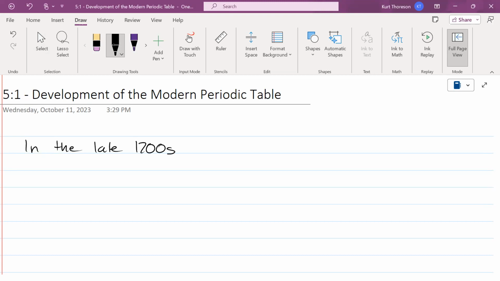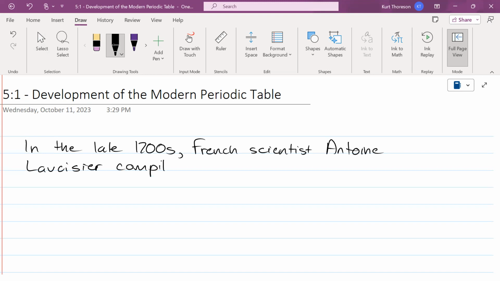In the late 1700s, we're talking like American Revolutionary War kind of time, French scientist Antoine Lavoisier compiled a list of all known, keyword, elements at the time.